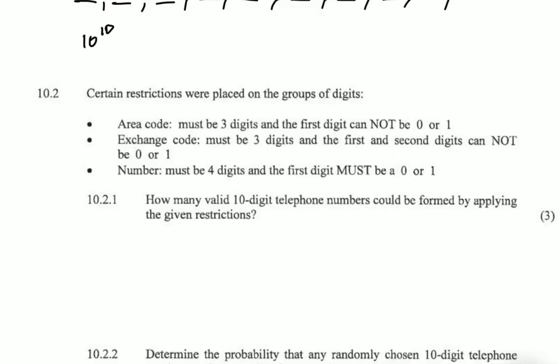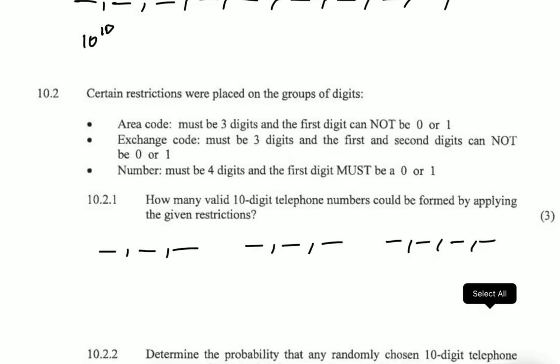For the number, we must have 4 digits and the first digit must be 0 or 1. How many valid 10-digit telephone numbers could be formed by applying the given restrictions? So we have the area code with 3 digits, the exchange code with 3 digits, and the number with 4 digits.